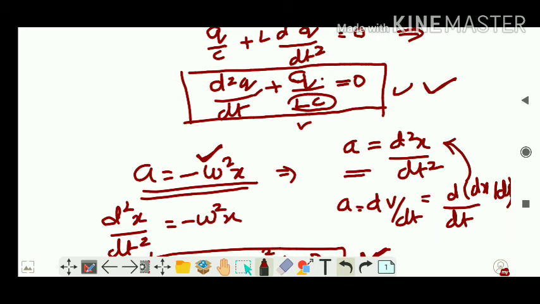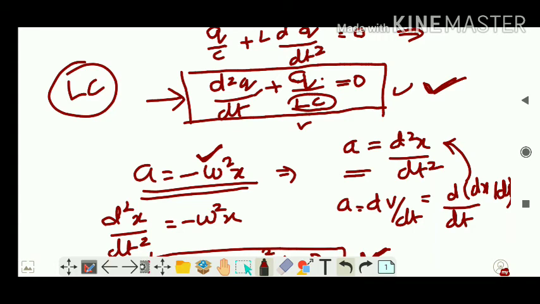This equation is the KVL based on the LC circuit which you drew earlier. So that means when you consider an LC circuit, there is a simple harmonic motion, or I can say an oscillatory motion undergoing.